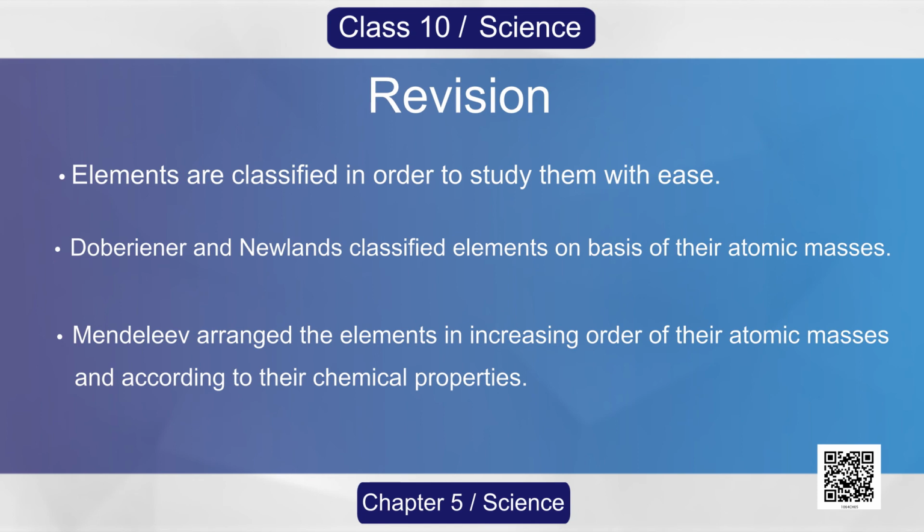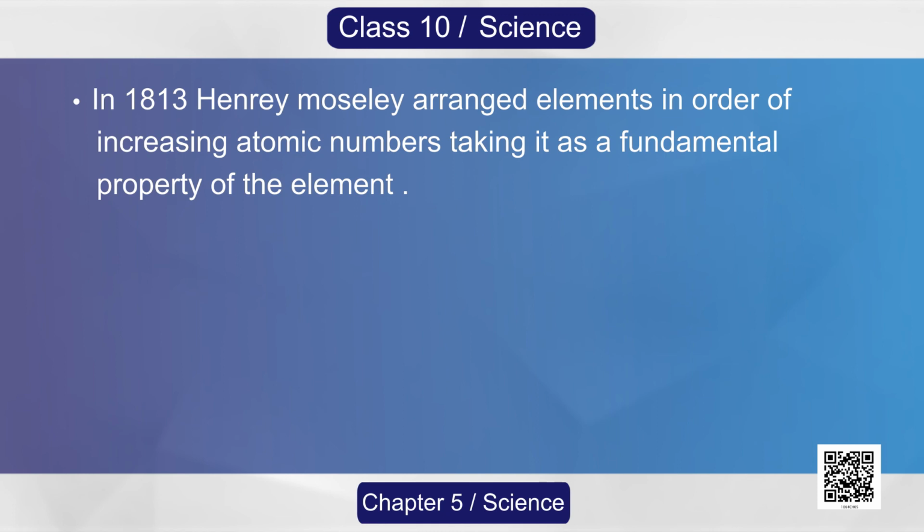Mendeleev arranged the elements in increasing order of their atomic masses and also according to their chemical properties. In 1913, Henry Moseley arranged elements in order of increasing atomic numbers, taking it as a fundamental property of the element.